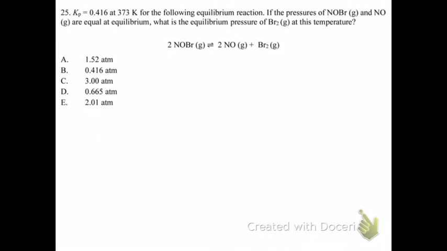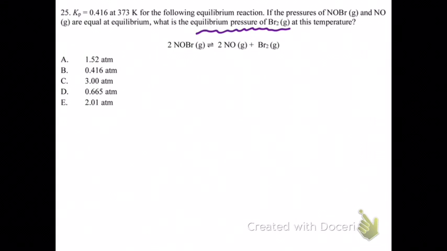In this question, we're given the Kp of this reaction, and we're given the pressures of NOBr and of NO. Well, we're told that they're equal, and we're asked to find the equilibrium pressure of Br2. So first things first, let's write an equilibrium expression for this reaction.